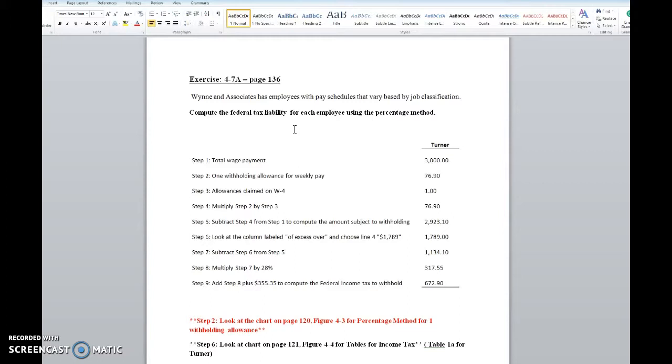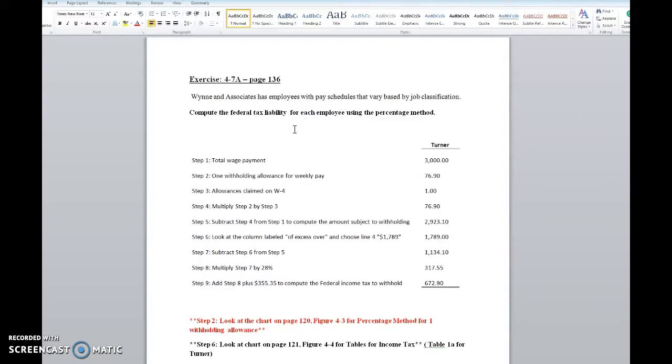The first employee that we're going to talk about is Turner. And remember, we are going to look at the chart that is located on page 120 in the chapter, which is Figure 4-3. So the total wage payment is $3,000 for Turner. One withholding allowance for a weekly pay is $76.90.